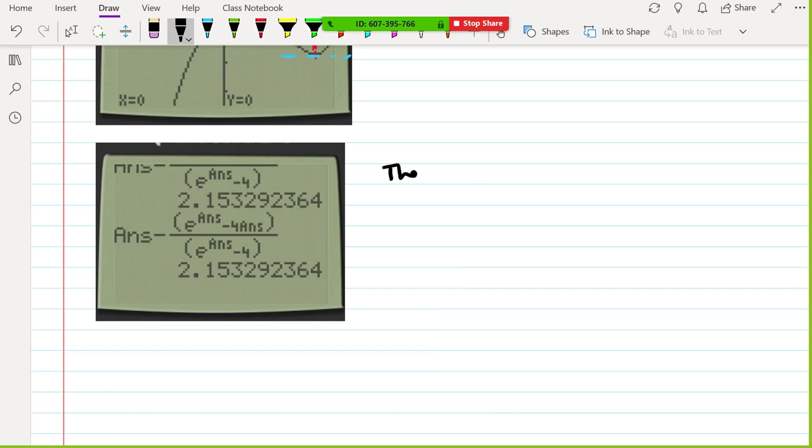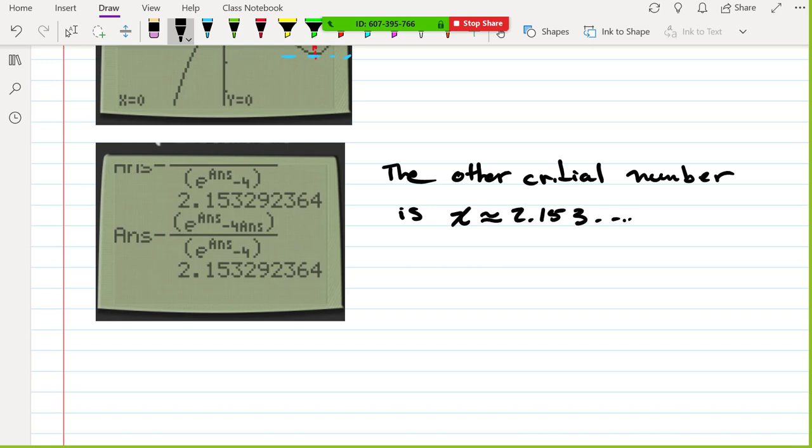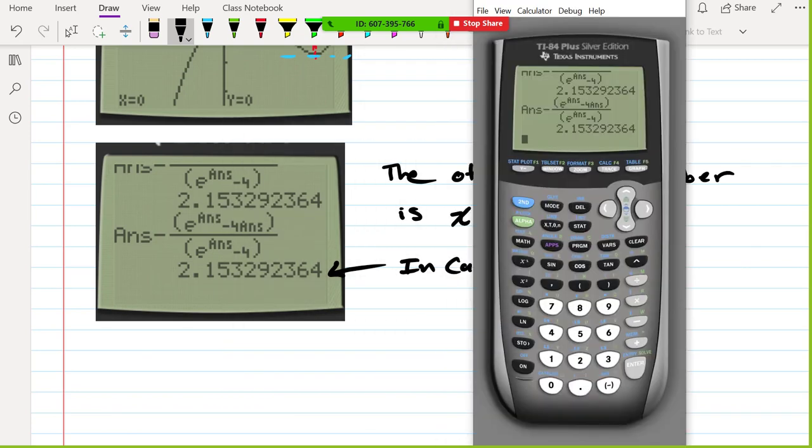So the other critical number is x is approximately 2.153... And I'm going to put this in my calculator as b. So let's go ahead and store that in the calculator as b. Okay.